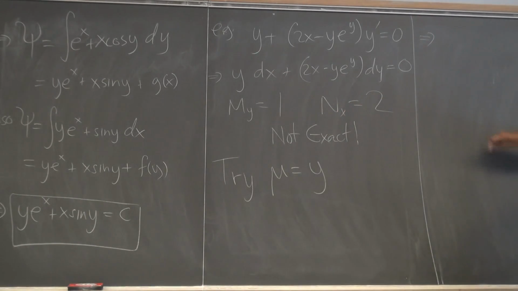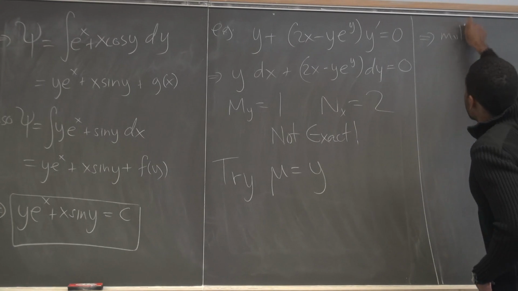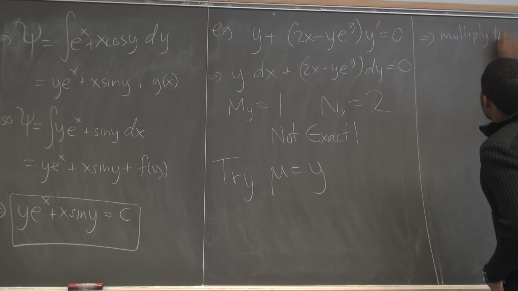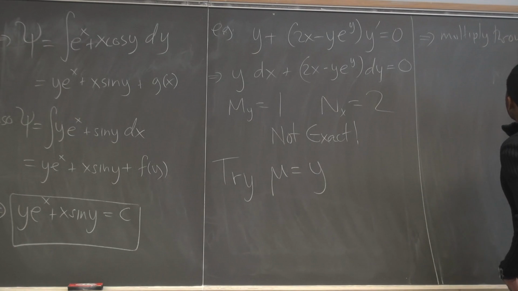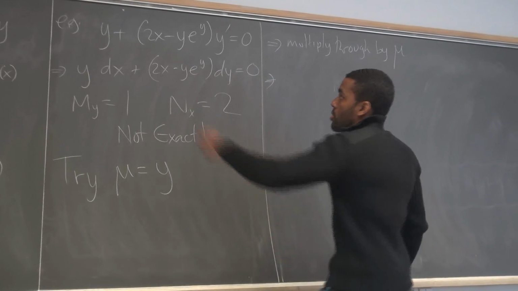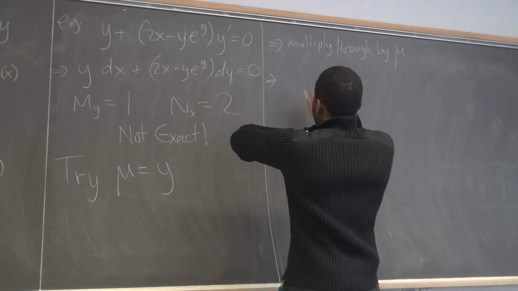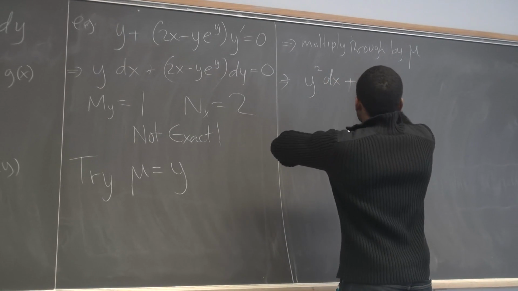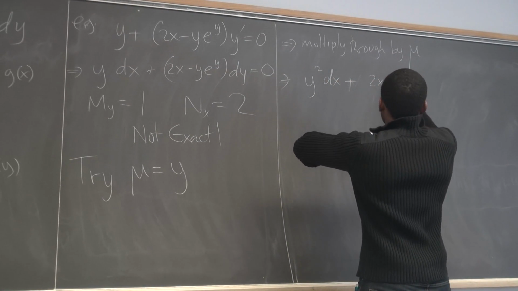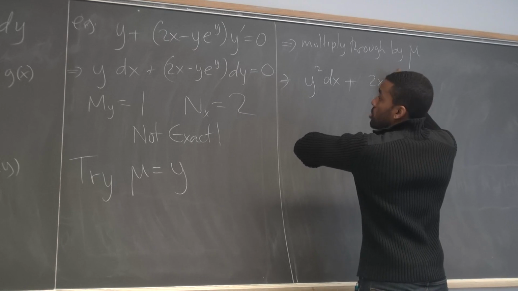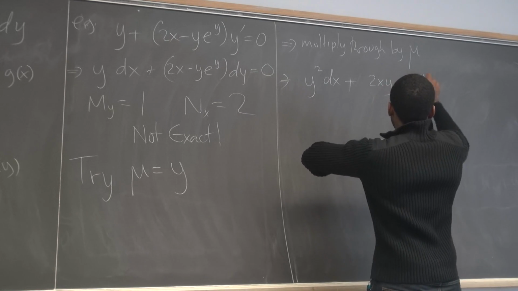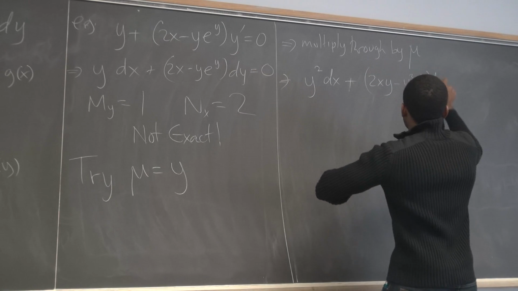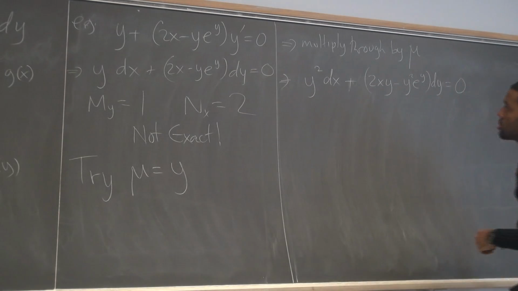Multiply through by mu. This would give us, if I multiply this whole equation, what would I get? I would get y squared dx plus 2xy minus y squared e to the y dy equals 0.